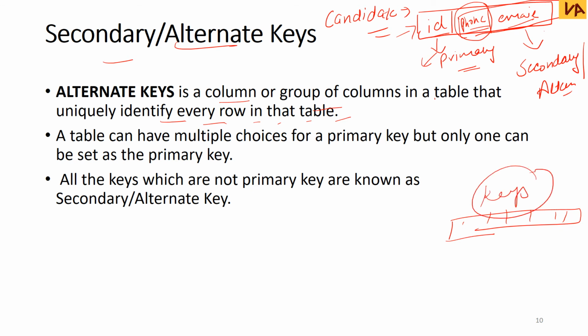The second point is that a table can have multiple choices for primary key, but only one can be set as the primary key. As you can see in the candidate keys, we have multiple choices for the primary key, but there will be only one primary key, and the leftover keys will be known as the secondary or alternate keys. All the keys which are not primary keys are known as secondary keys.